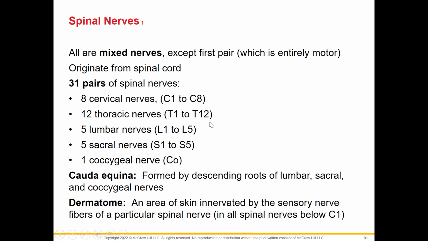The rest of the nerves are associated with however many vertebrae there are or were. So the thoracic nerves, there are 12, T1 through T12. There are 5 lumbar nerves, just like there are 5 lumbar vertebrae, L1 through L5. There are 5 sacral nerves. So there used to be 5 vertebrae that make up the sacrum. As we grew and developed, those 5 vertebrae fused to become the sacrum.